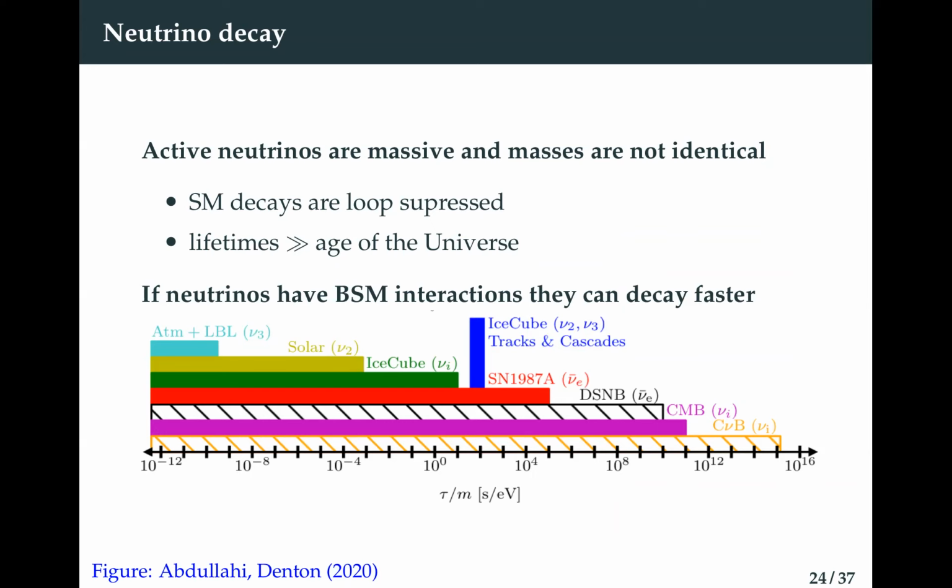So the detection of the DSNB can be used for putting limits on the neutrino lifetime. And one of the best direct limits, the CMB can put some limits, but this is not from the detection of neutrinos. And then the CvB can be even better, but we are pretty far from that yet.